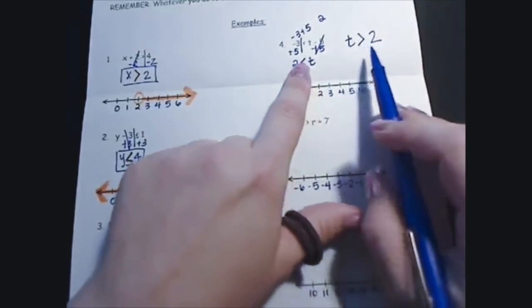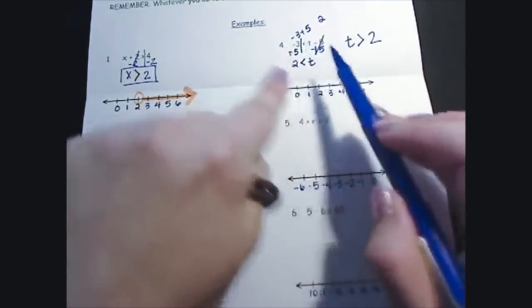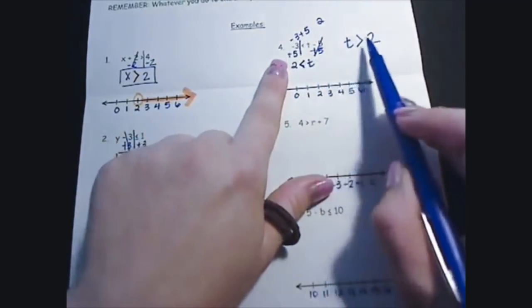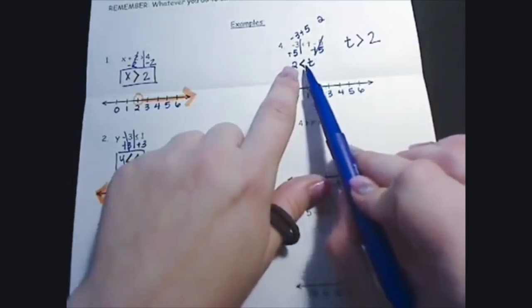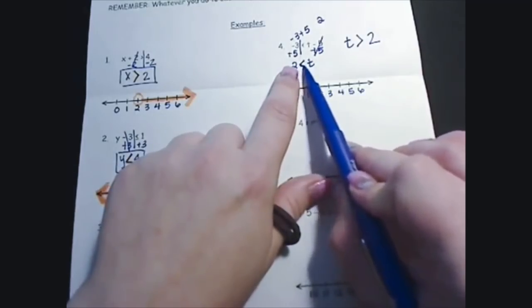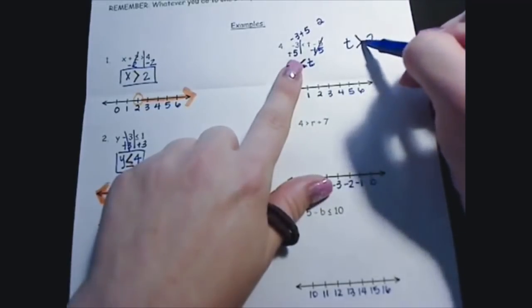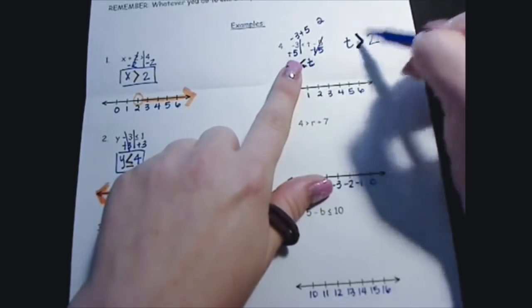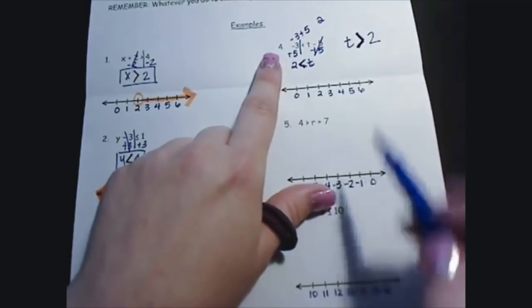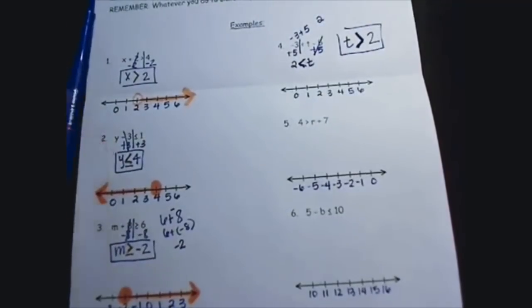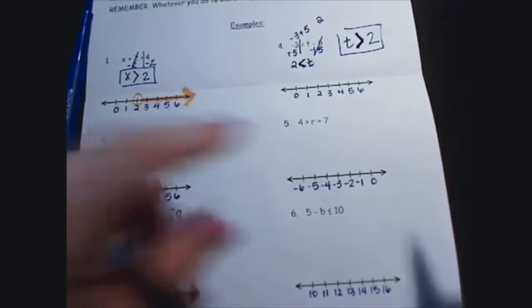Notice, if I flip the order of the inequality, I need to make sure I flip my symbol to match. So if I look here, the alligator is eating the t, so when I rewrite this, I need to make sure that my alligator is still eating the t. Alright, so this is my final answer, just rewritten a way that's going to help us graph it.